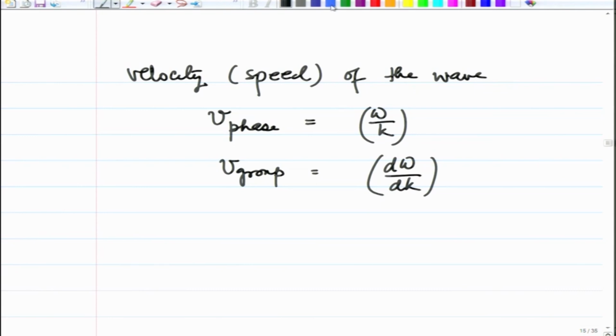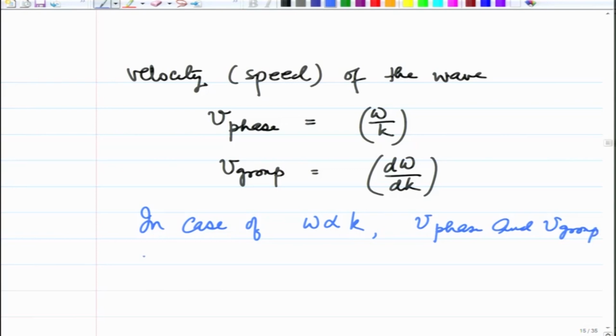In case of omega being proportional to k, v phase and v group are identical.